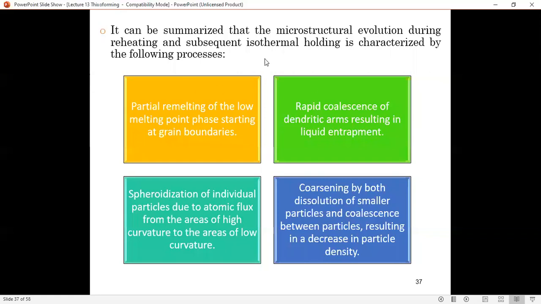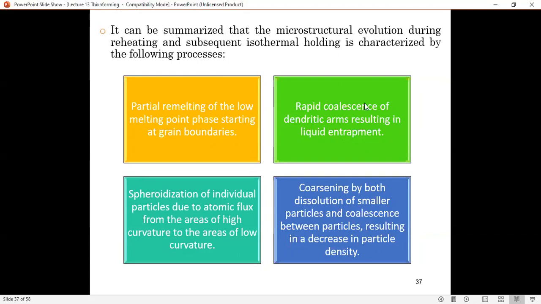So in summary, the microstructure evolution is basically this. One is partial remelting of the low melting point phase starting at grain boundaries. Basically, this is to determine the liquid percentage inside the billet.